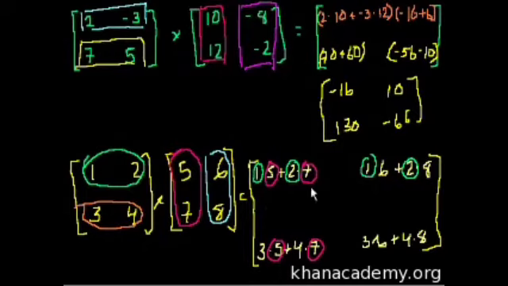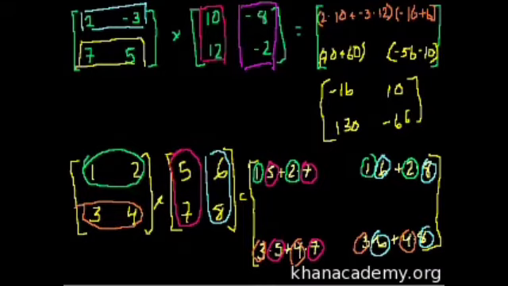So interesting. This was in column 1 in the second matrix, and this is in column 1 in the product matrix. And similarly, the 6 and the 8, that's this 6, this 8, and then it's used here. And then finally we have this 3 and the 4 in the brown. So that's this 3, this 4, and this 3 and this 4.